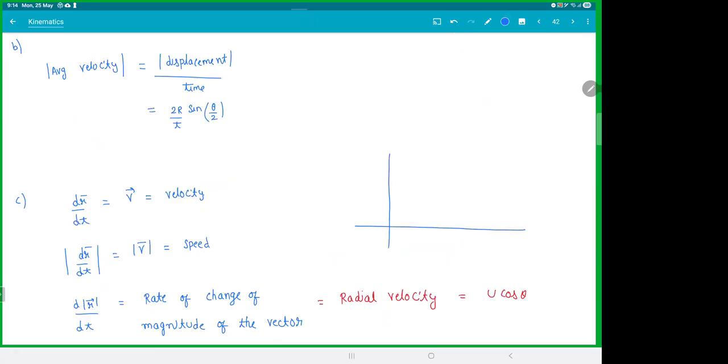I'll just put a small picture here for you to understand. So let's say the particle is going in some weird curve. This is your r bar. This is your v bar, and this is your theta.